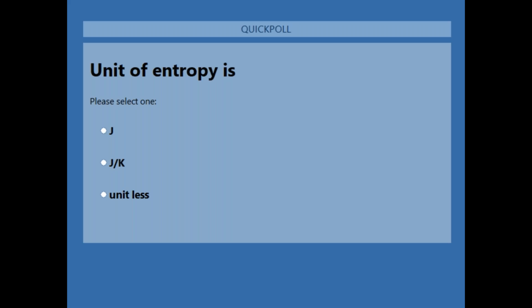Now you have to think about the expression for entropy change, and then you need to talk about the units of that. You need to talk about its unit. The unit of entropy is what? That is the question.